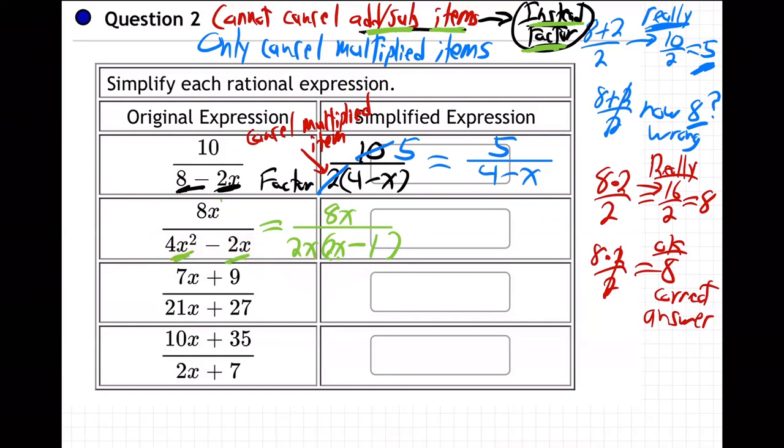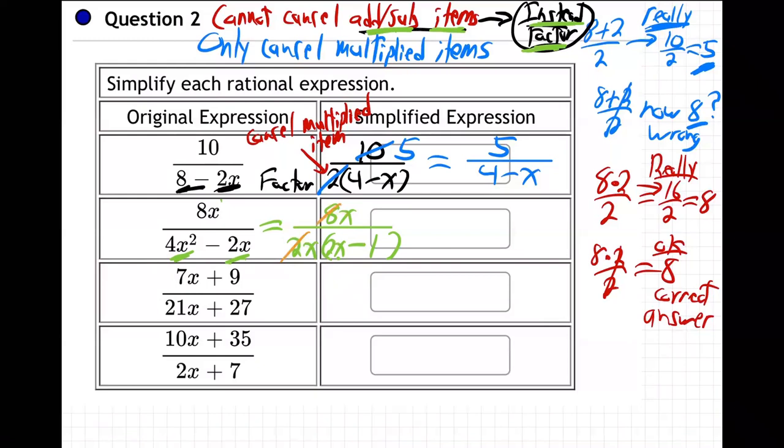Now, why? Because now this 2x is no longer added, subtracted. It's a multiplied item, isn't it? So I can cancel it. I can cancel it again, just like last time. So now 2x into 8x 4 times. Well, here, let me redo that more clearly. I mean, that was right.